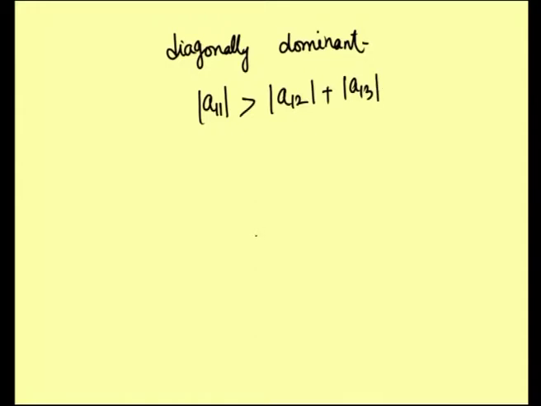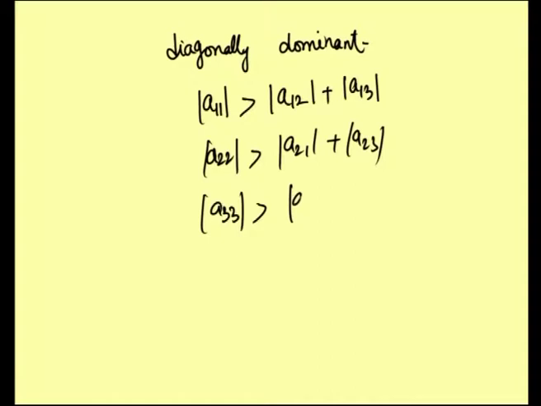So, a11 is greater than modulus of a12 plus modulus of a13. Like that, we have to check the second row also, and the third row also.